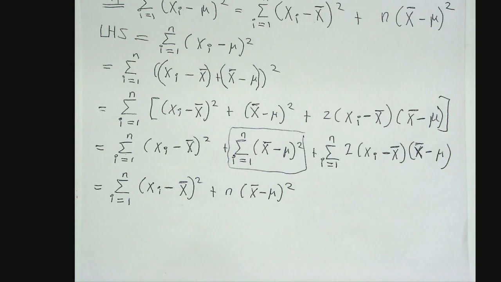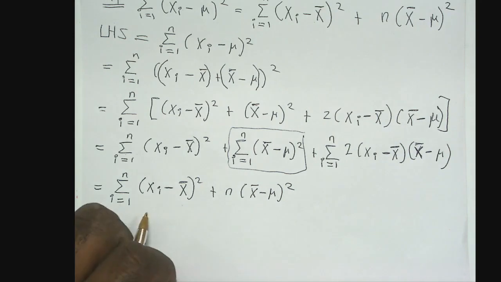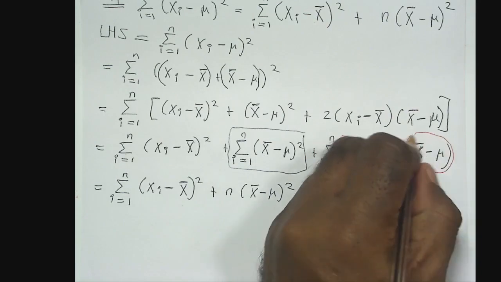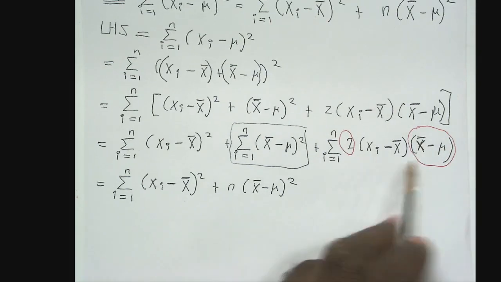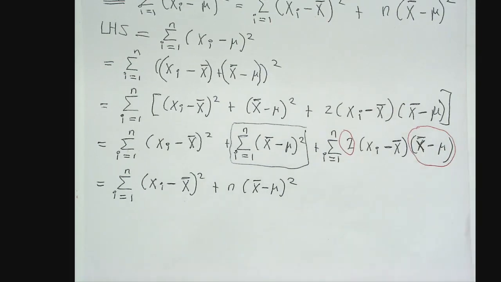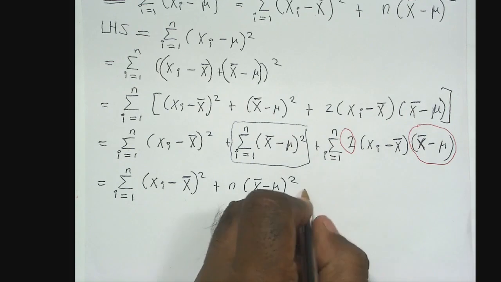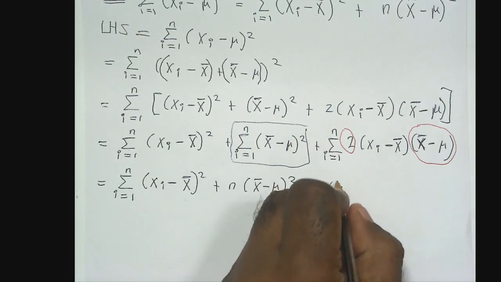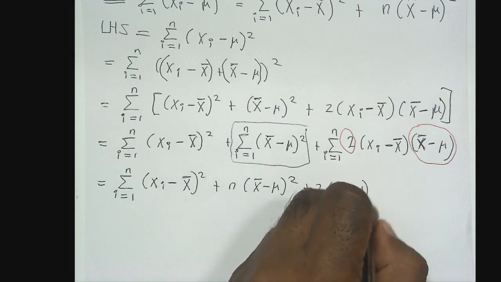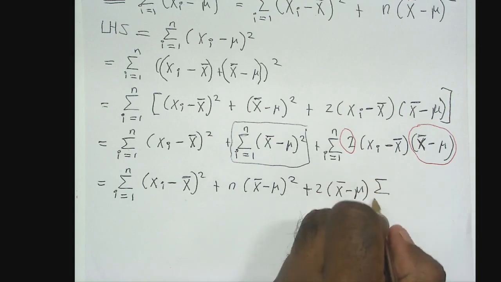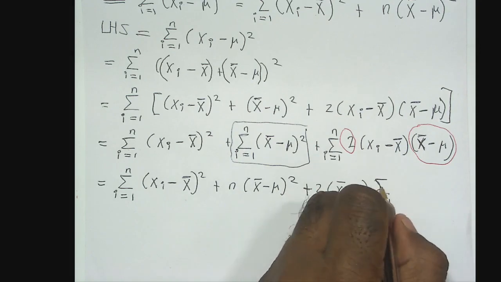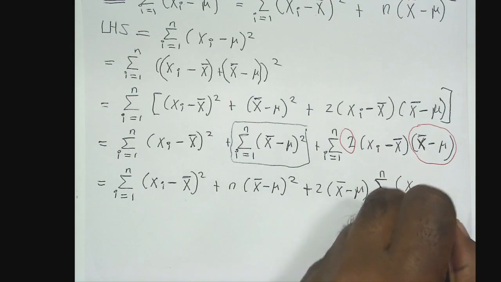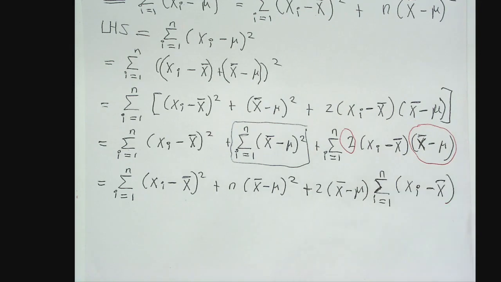All right, the next thing I'm going to do is the 2 here and the x bar minus mu here are constants, so you can take them outside the summation sign. So if you pull them outside the summation sign, you get 2 times x bar minus mu times the sum of this.